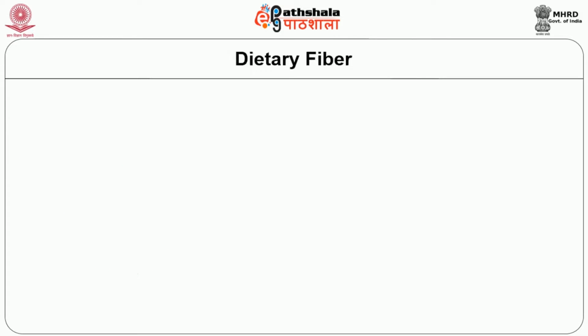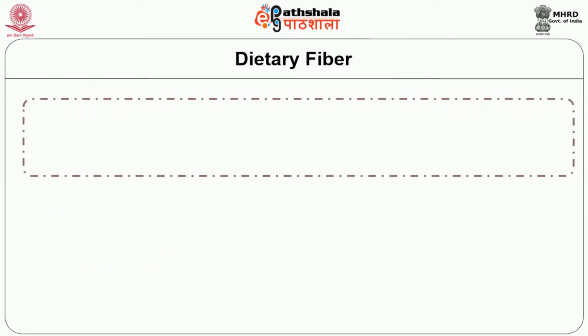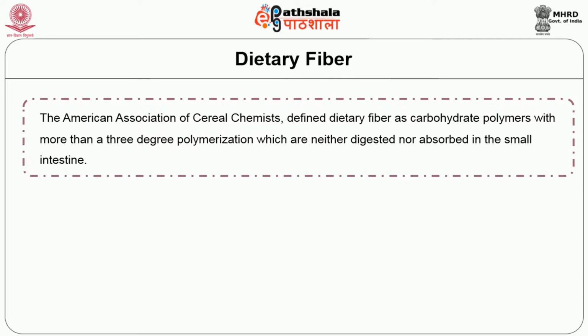The third factor is the dietary fiber. The American Association of Cereal Chemists defined dietary fiber as carbohydrate polymers with more than a 3-degree polymerization, which are neither digested nor absorbed in the small intestine.